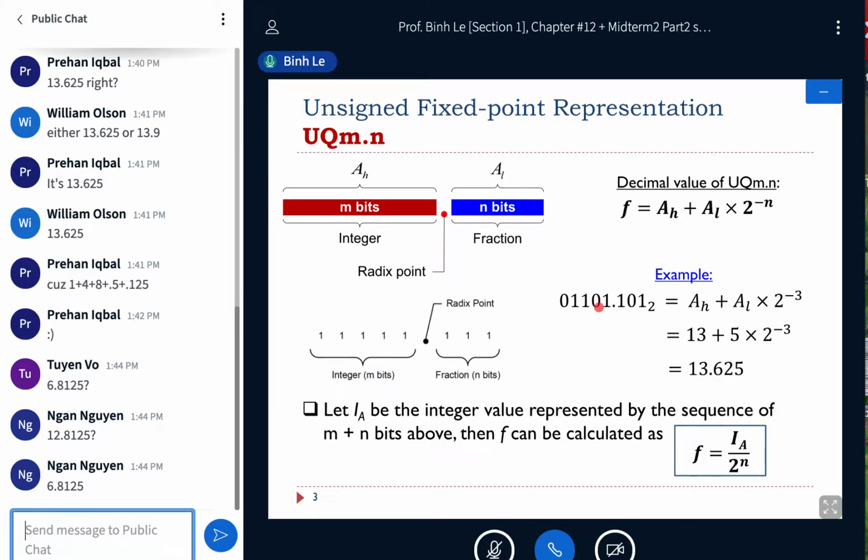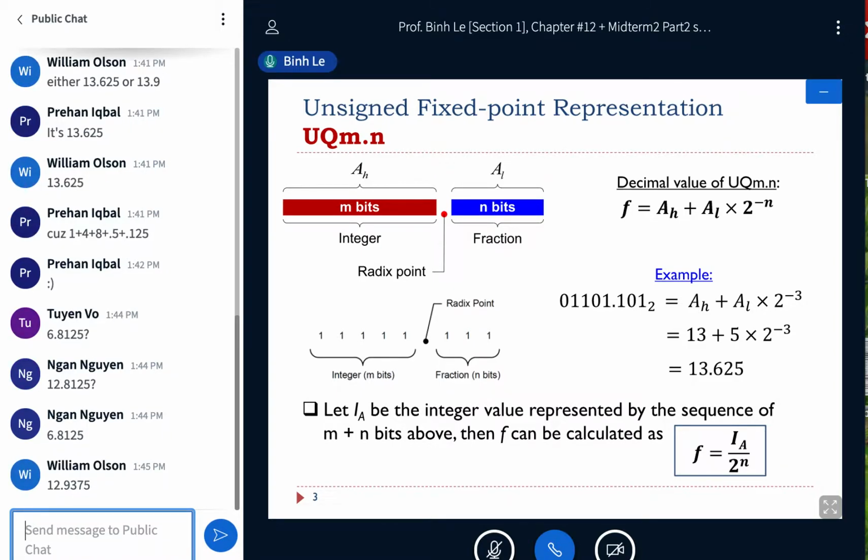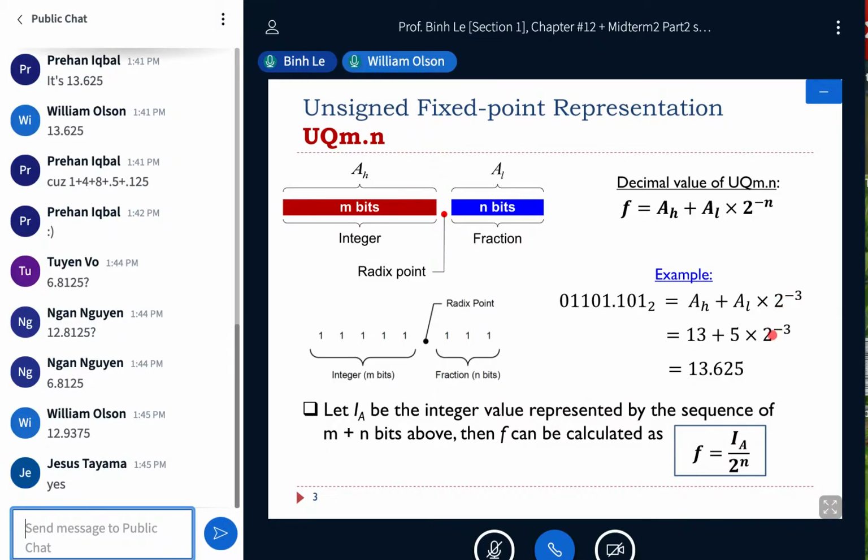That's correct. And the last part is 13, 13 divided by 16. Am I right? Because now n equals 4, so you have to divide by 2 to the 4, and 2 to the 4 is 16.